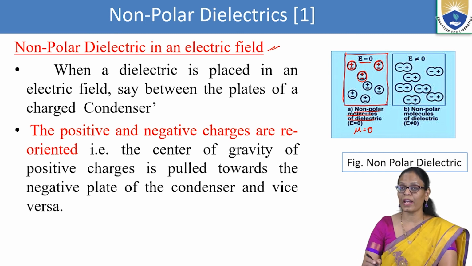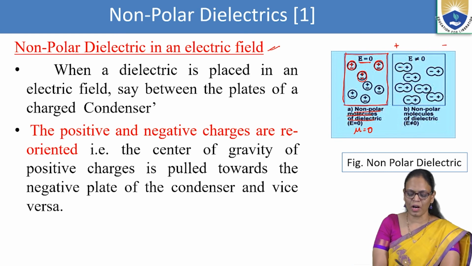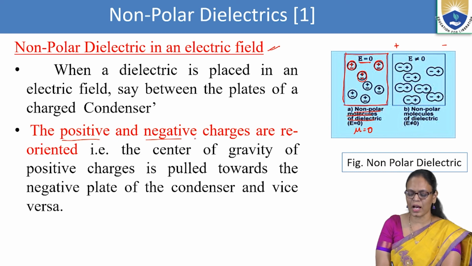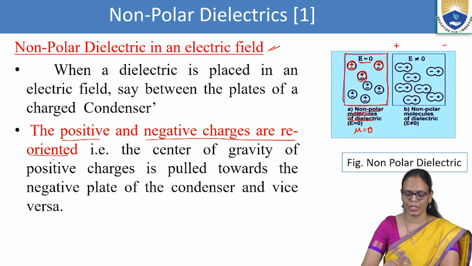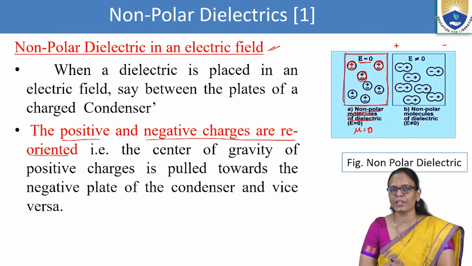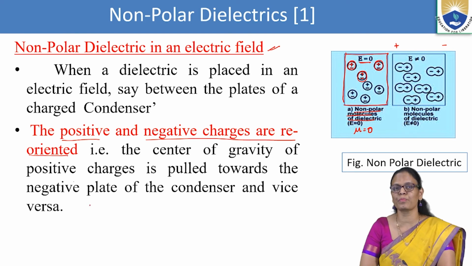But when we are subjecting it to an electric field, means we have put some electric field here, positive plate and negative plate for this. Then what happens? The positive and the negative charges are reoriented. That is, the center of gravity of the positive charges are pulled towards the negative plate and vice versa.